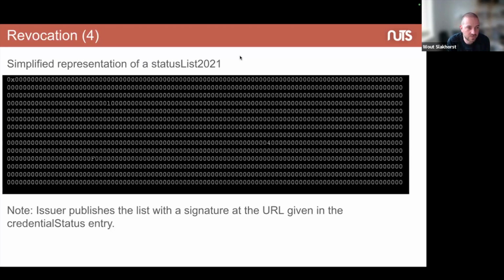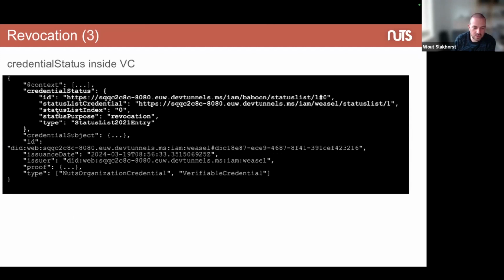You don't know because it's filled with zeros to the end. And if you look closely at this example, there's a 1 at line 4. There's a 4 at line, I don't know, 9, and then there's an F at line 11. So this is hexadecimal, so it would mean that 3 bits are flipped to 1, which means that there are 3 credentials revoked. And the position of those bits corresponds to the status list index, which is part of the credential.